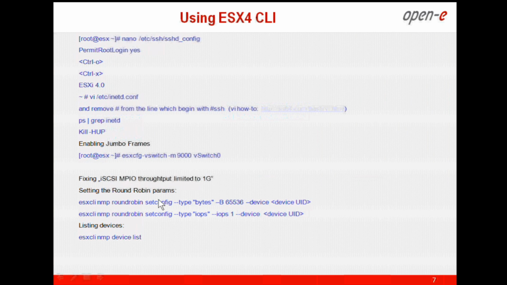When you change this parameter, you can get different results in MPIO benchmarking. By default, this parameter is quite big, and we need to change it to a smaller value to have better performance.